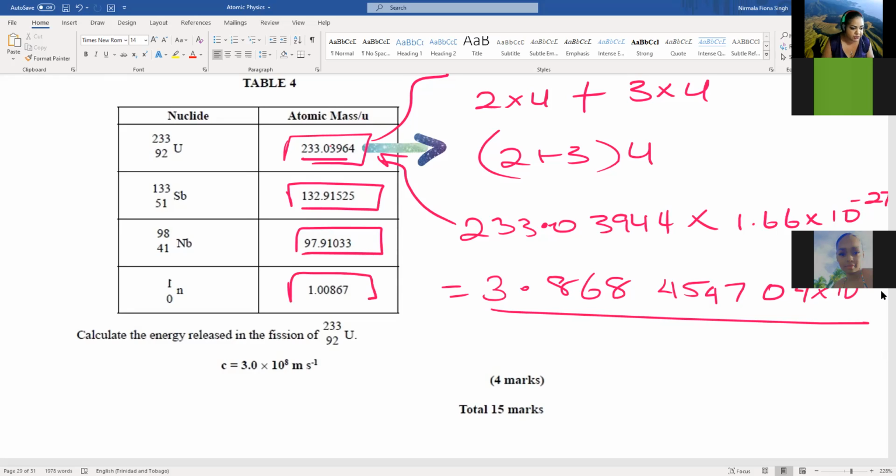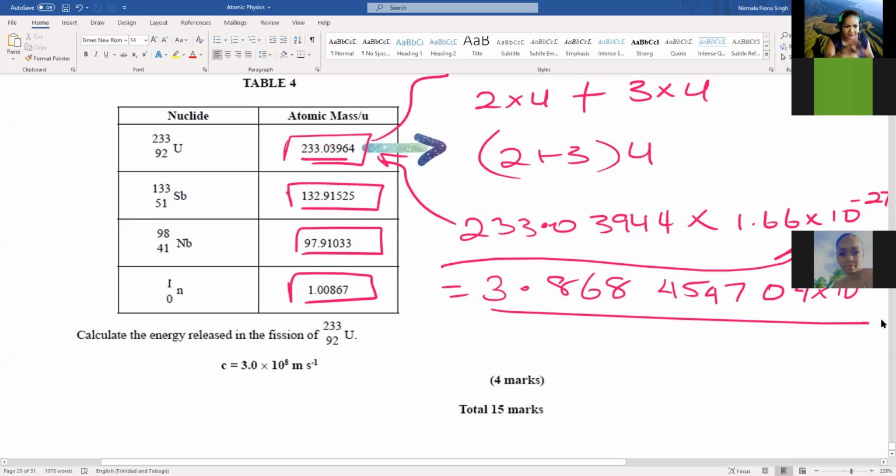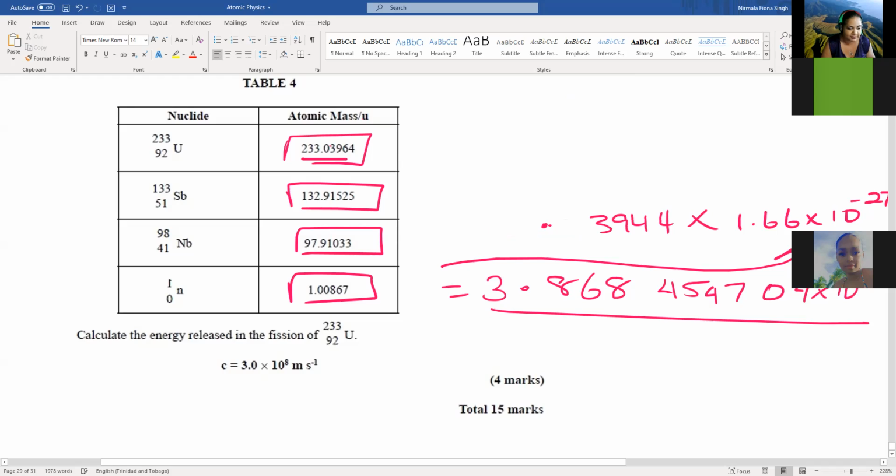Do your addition and subtraction using these values, and then when you finish adding your masses, go ahead and multiply by 1.66 by 10 to the minus 27. If you convert each term to kilograms first, you're going to get really long decimal numbers, and you're going to make mistakes and leave something out.